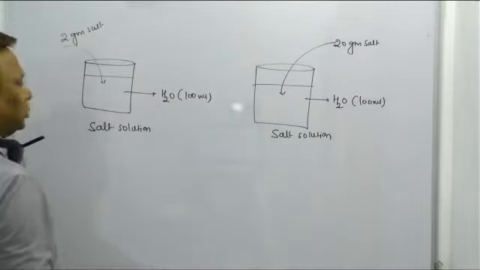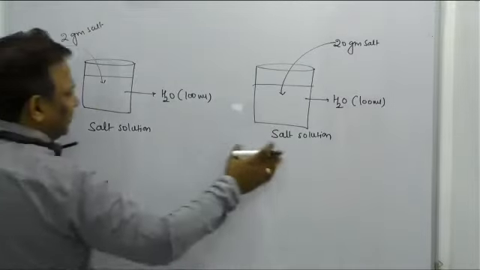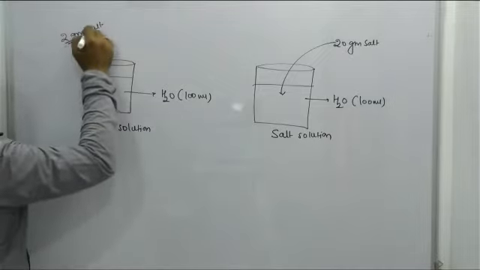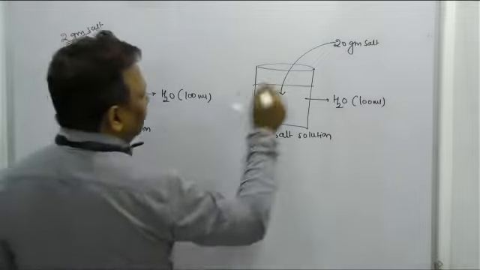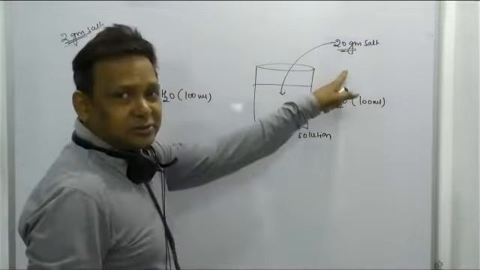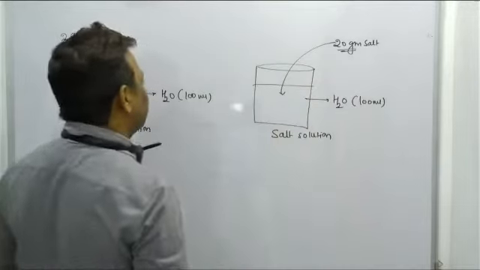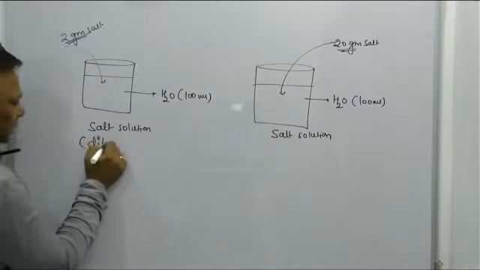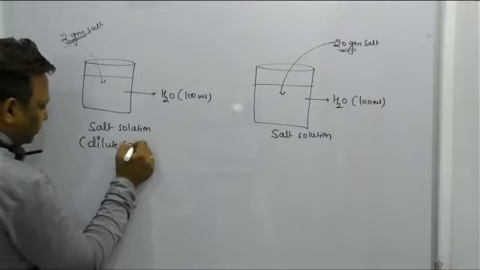If I ask you to express what this is and what this is, what will you say? Less quantity of solute in the solvent, and compared to this, the quantity of solute here is more. So this solution will be expressed as a dilute salt solution.